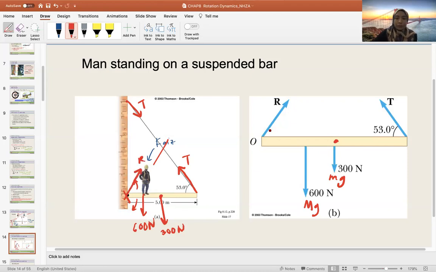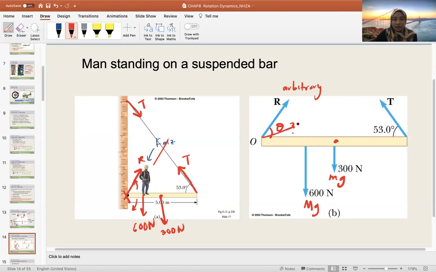And I don't know what my R's angle is. Okay. So actually, sometimes in these drawings, this R is arbitrary. Just label it like this so that you can solve for it later.